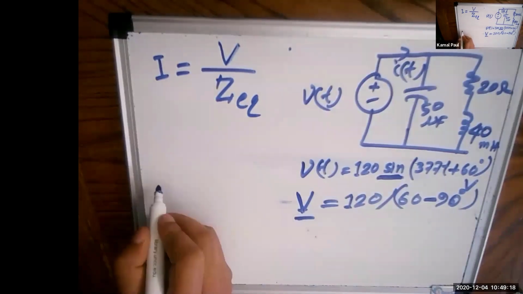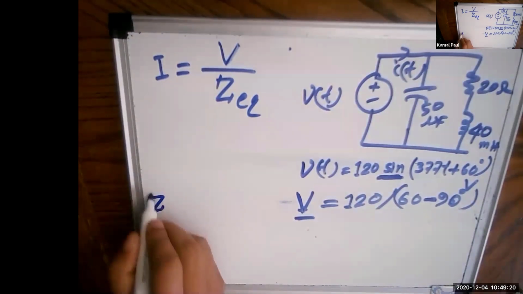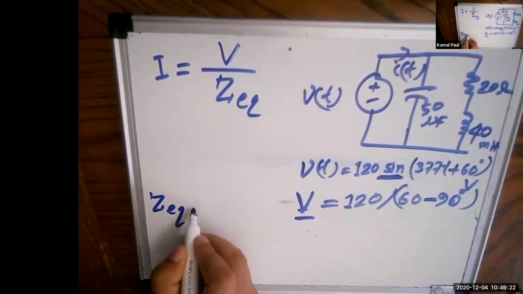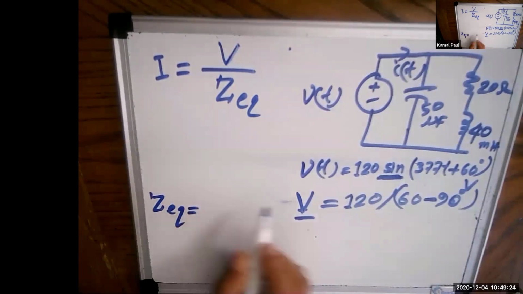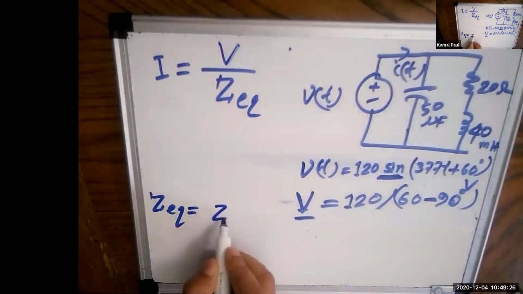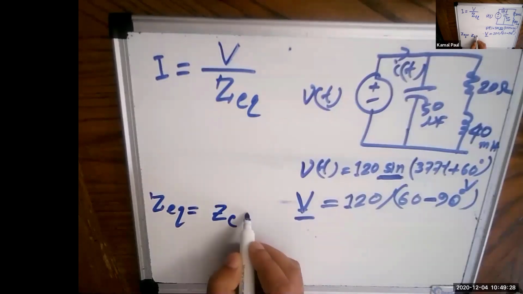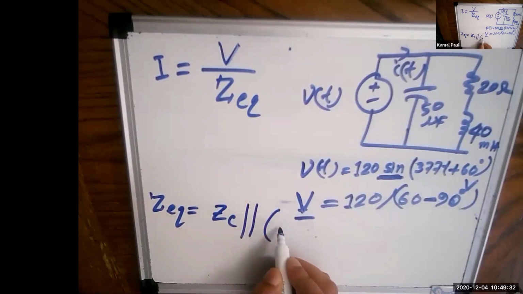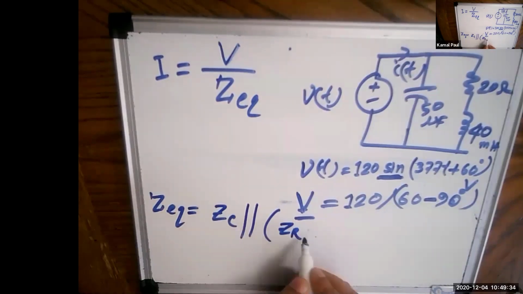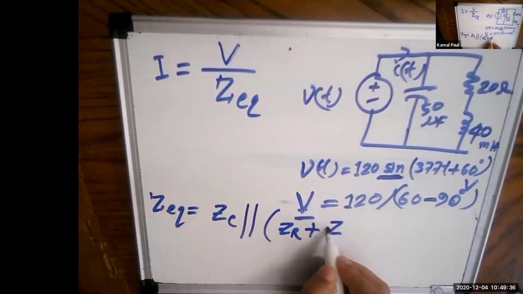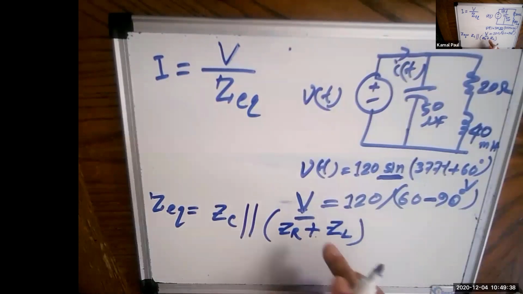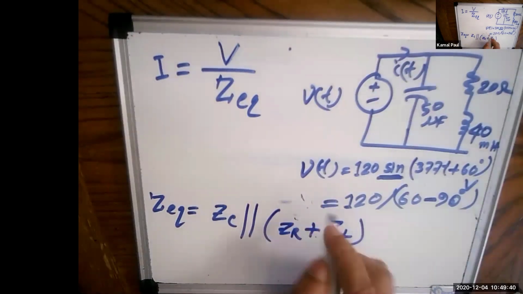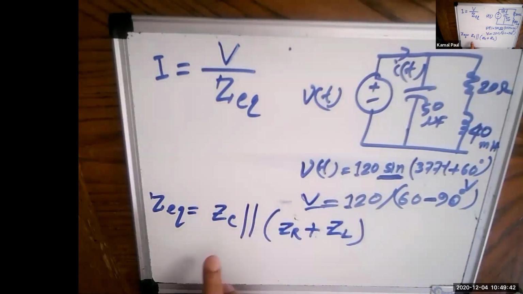That means Z equivalent is the capacitor ZC in parallel with the resistor ZR plus Z of L. So we have to basically find out this value.